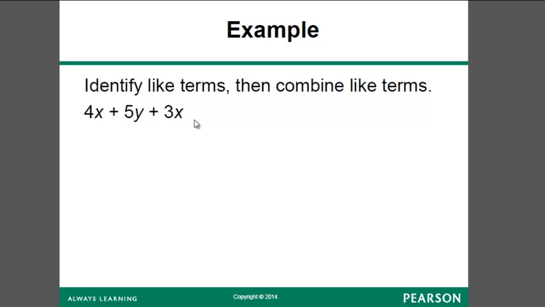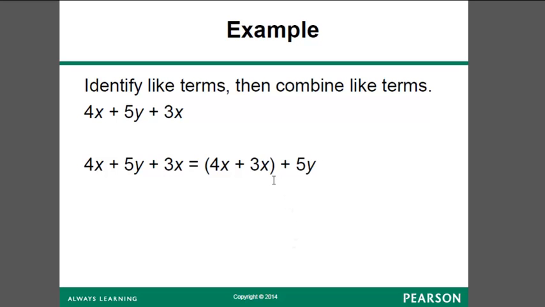So which ones are my like terms? Well, the 4x and the 3x are. Since it's addition, I can commute them around and put the 4x and the 3x side by side, as I have done here. This just makes it a little bit easier to rewrite it and put them together where I can look at them.